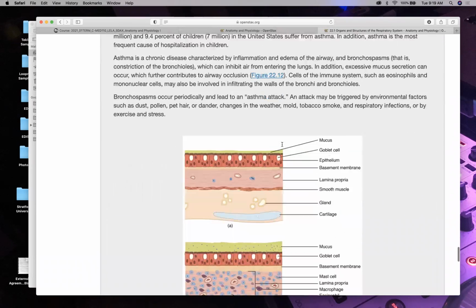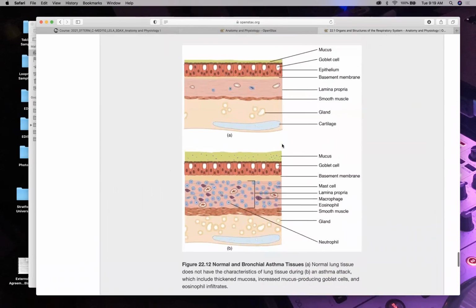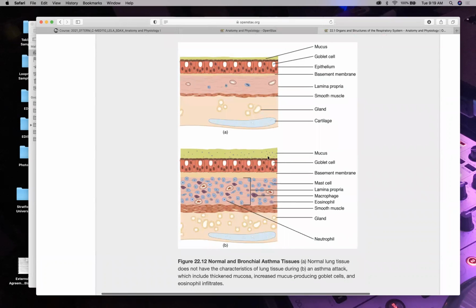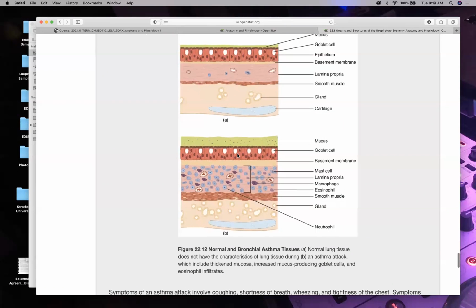So let's look at something like asthma. What will asthma do? It'll increase this mucus, okay? Now, what asthma really is, in the asthma patient, is an abnormal immune response. So here's an example. If some dust kicked up in my face, I'll maybe cough a little bit, maybe sneeze, okay?